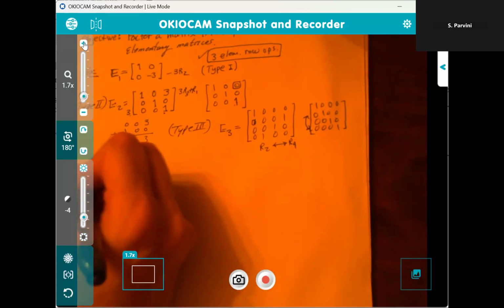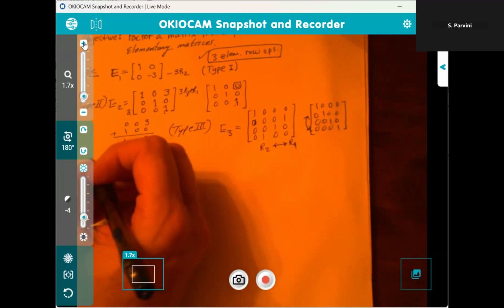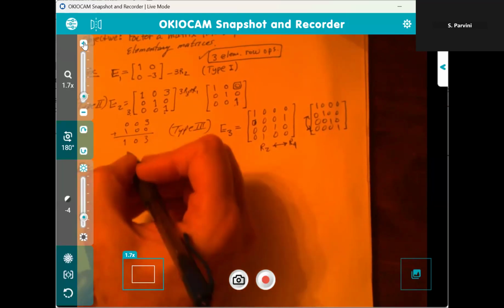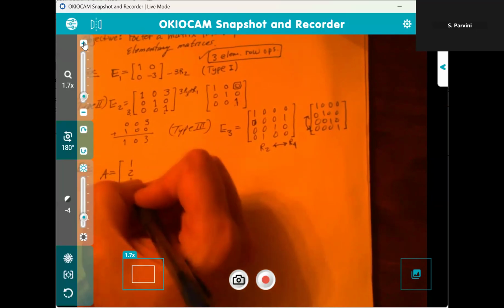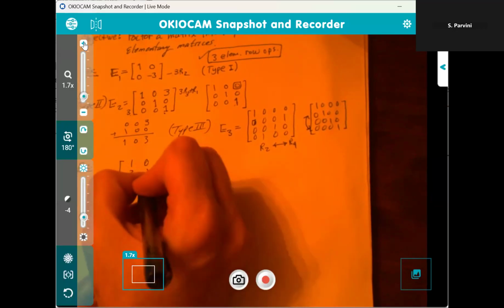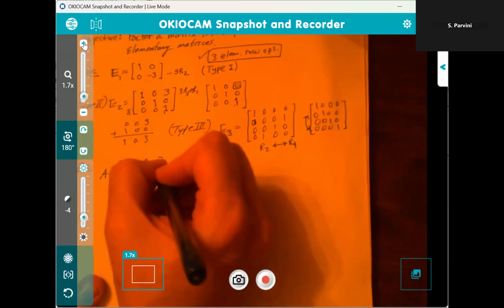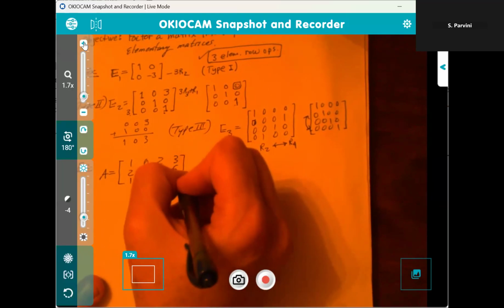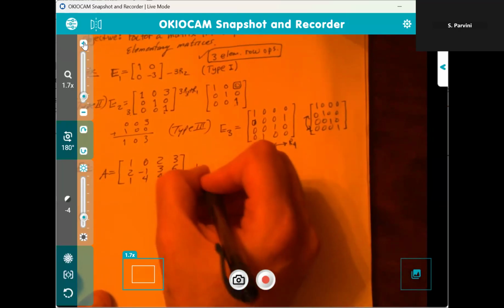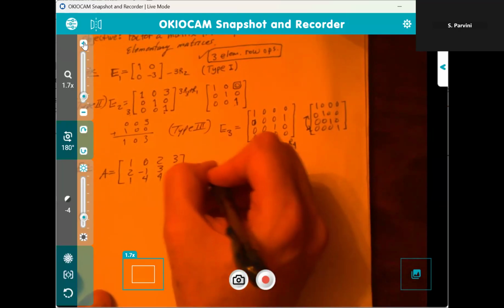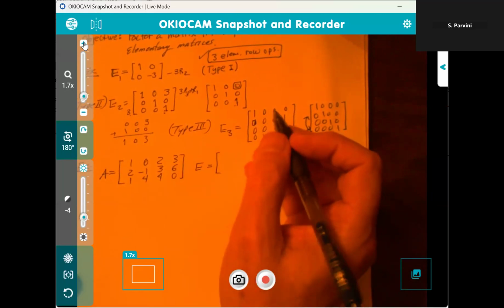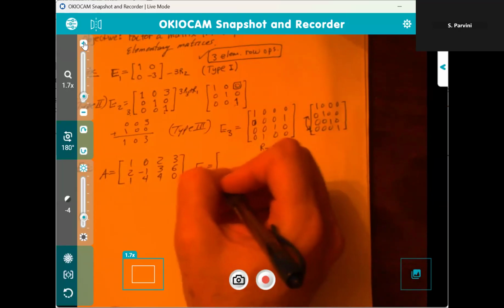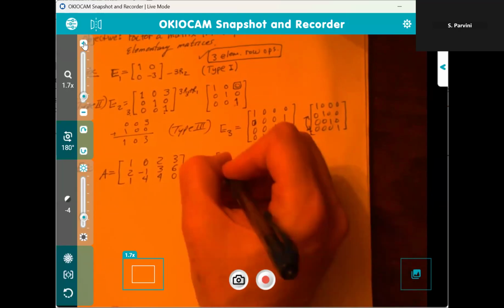Okay, now let's look at this one example that I have. In this example, I made up a matrix A. Matrix A is 1, 2, 1, 0, negative 1, 4, 2, 3, 4, and 3, 6, 0. E, this matrix E, that's when I multiply 3 times row 1 and add it to row 3 of the identity matrix.